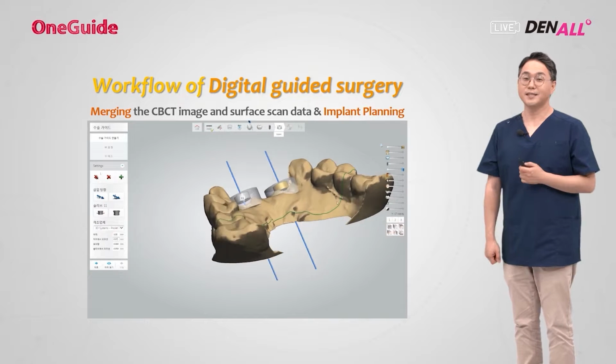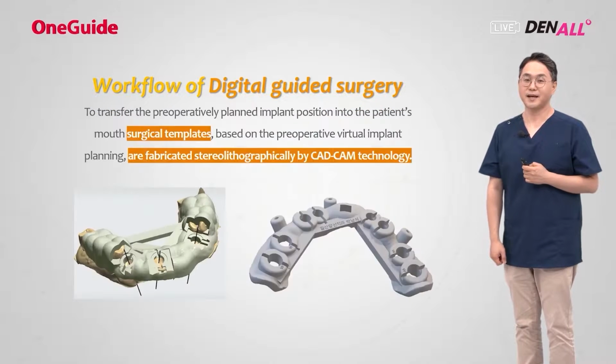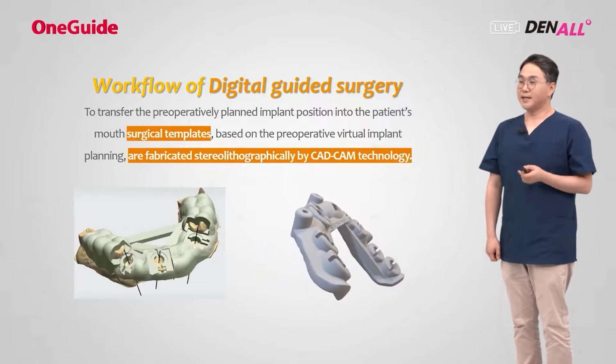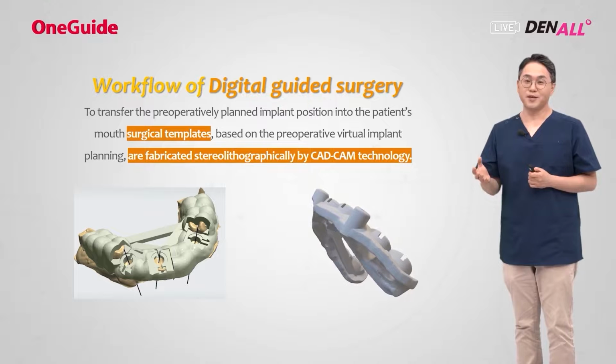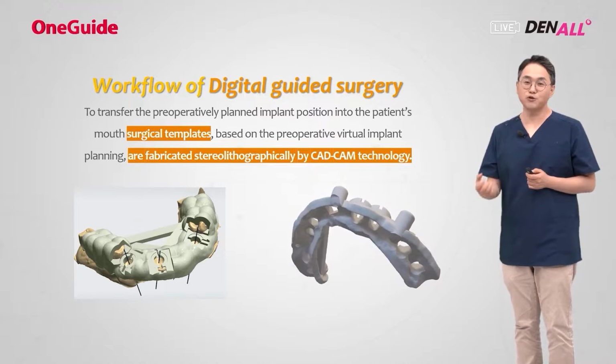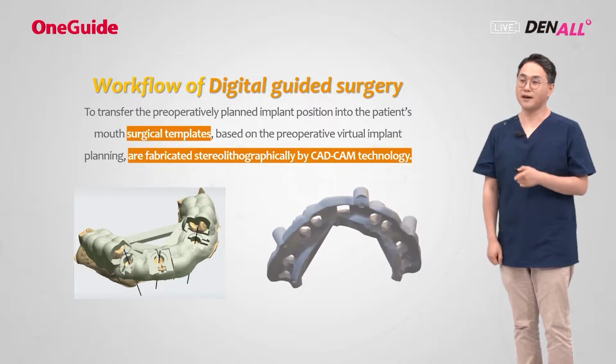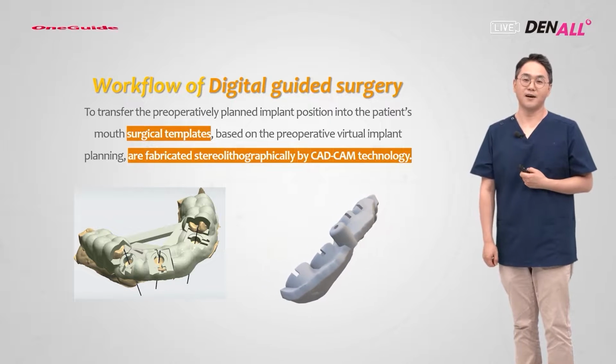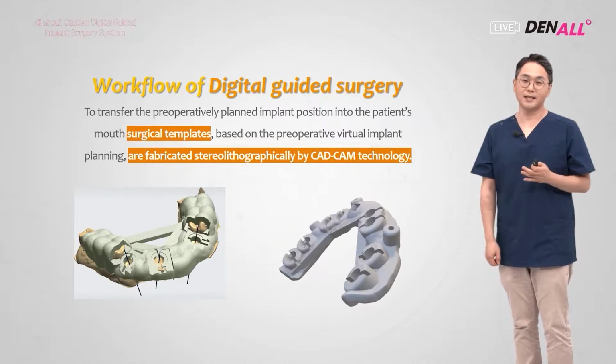This is how it's fabricated. This is digital guide surgery. Once the surgical stent design is complete, you can extract an STL file, and using this, by 3D printing, you can fabricate it.